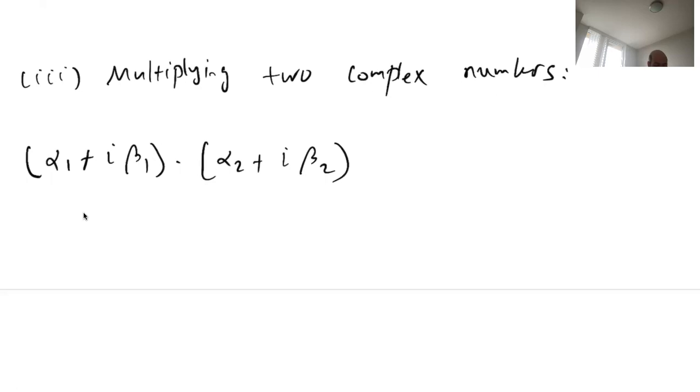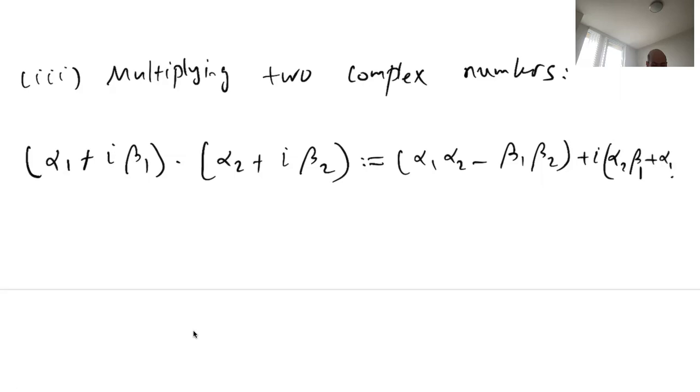So how can you multiply two complex numbers? The way that we are going to define this is alpha 1 alpha 2 minus beta 1 beta 2 plus I times alpha 2 beta 1 plus alpha 1 beta 2.